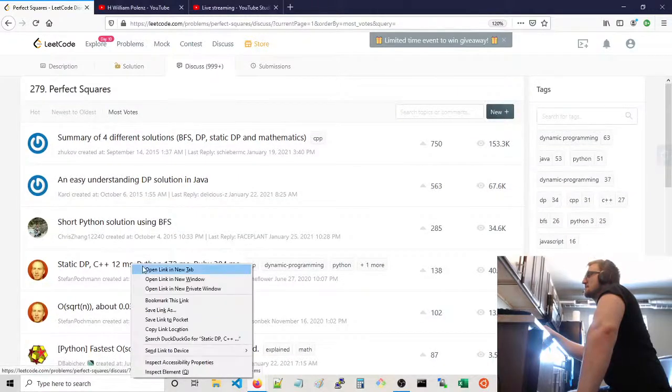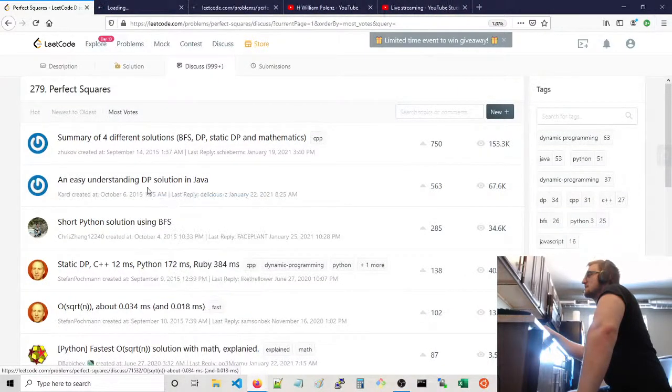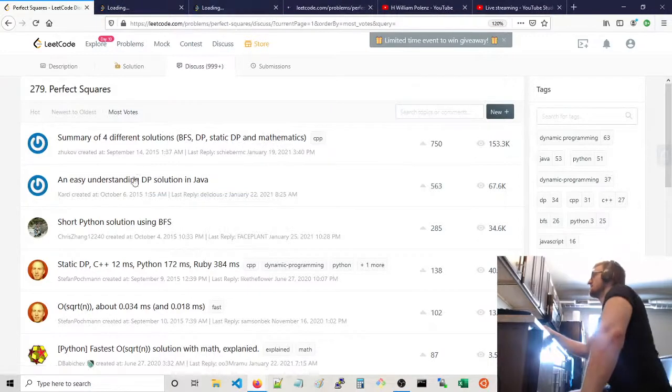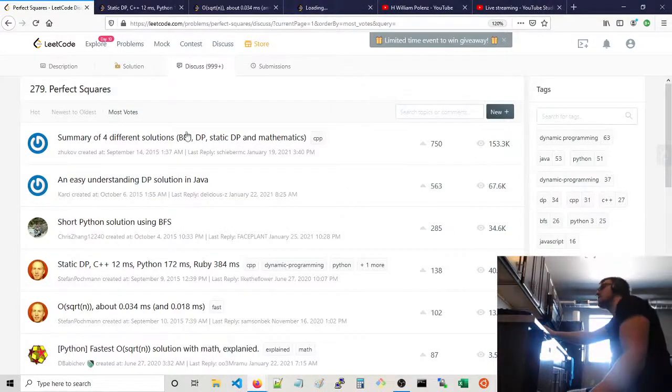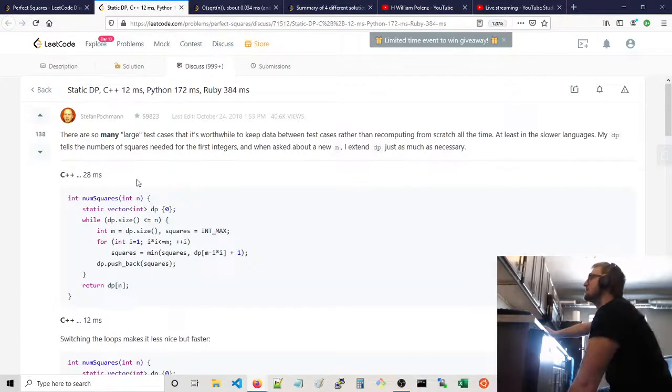All right, let's do these two. This is a very interesting question. This question has a whole lot of interesting stuff you can do. Many large test cases, so it's worthwhile to keep data between test cases rather than recomputing from scratch. Slower languages. DP tells the numbers of squares needed for the first integers.